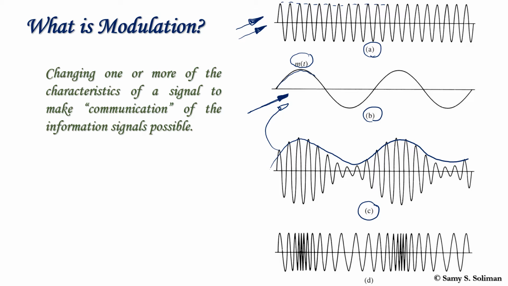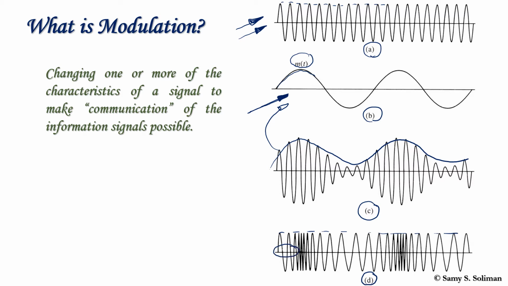Another form of modulation is changing the frequency of the signal. We can see here in figure D that while the amplitude remains constant or almost constant for the signal, the frequency is not fixed anymore.